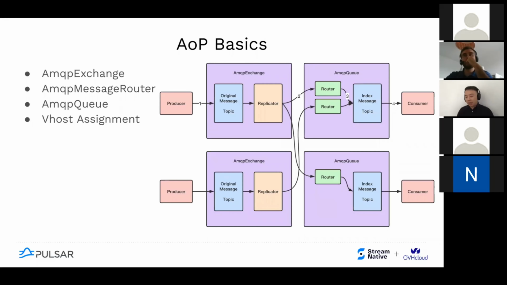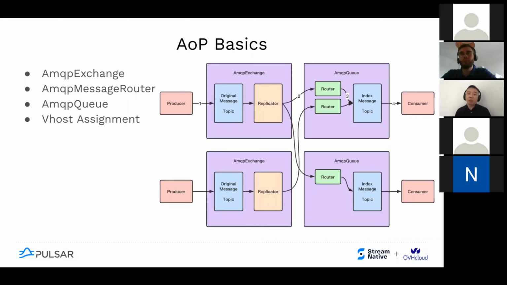To give you a brief idea, I think I'm running out of time, but to quickly close: in the AMQP protocol there are many different concepts like exchange, binding router, and queue. So we map the exchange into a topic, and using the replicator mechanism within Pulsar, we dispatch the message via a router into different index topics.